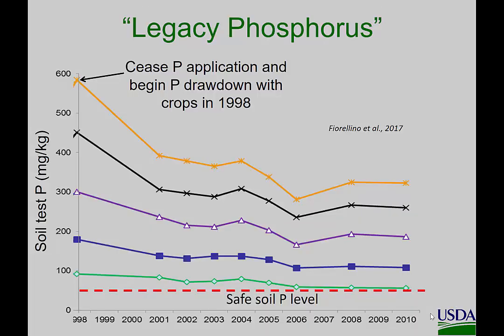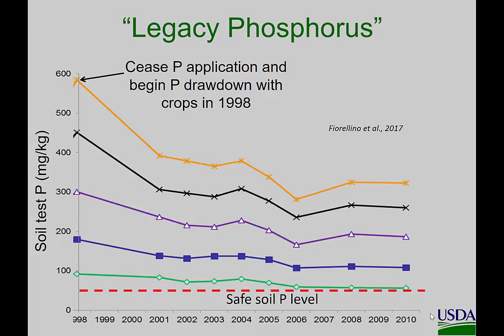And the problem with that is it takes many, many years. If you get a soil built up in soil test phosphorus, this data here is actually from Maryland. If you build up your soil test P levels to very high beyond agronomic needs, they tend to stay elevated for a long time.